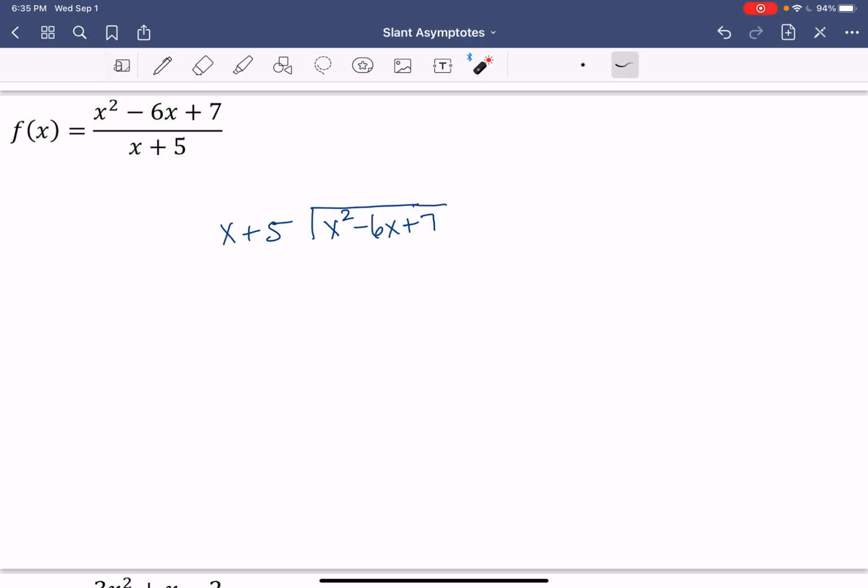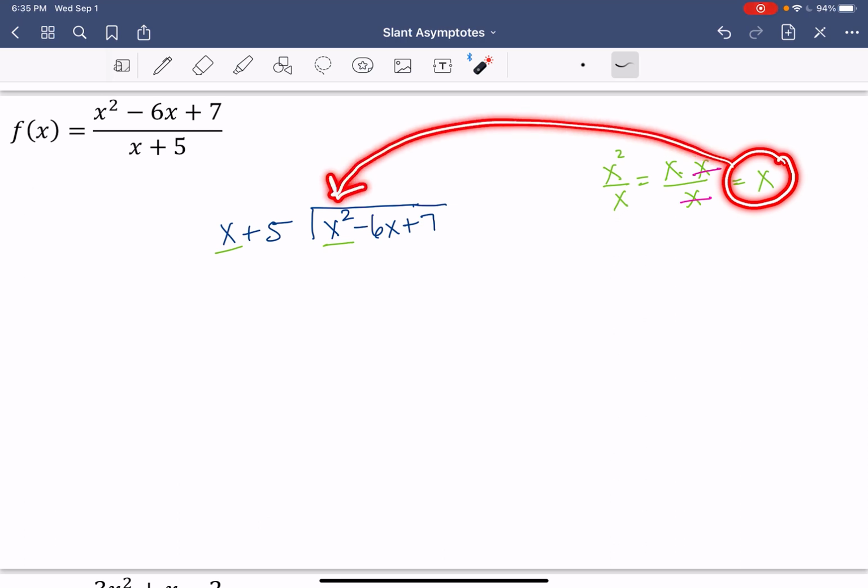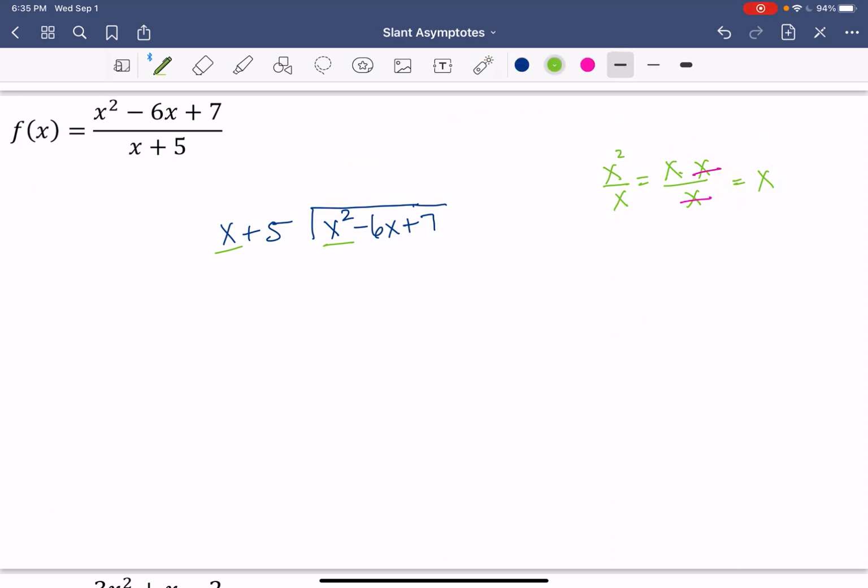Okay, so on the side I recommend you divide x squared divided by x. Okay, we can rewrite this as x times x over x. So one of these x's cancel that one from the bottom, and you're just left with 1x. Now, whatever you get here, you're going to put up here at the top. So now at the top, I have 1x.